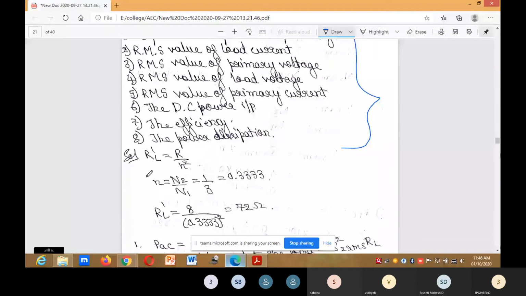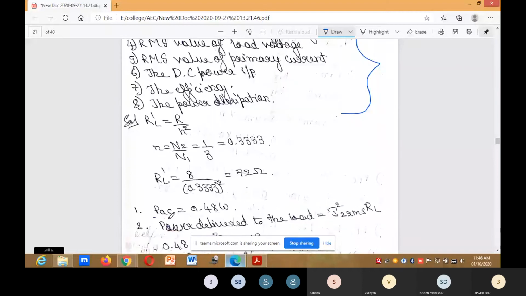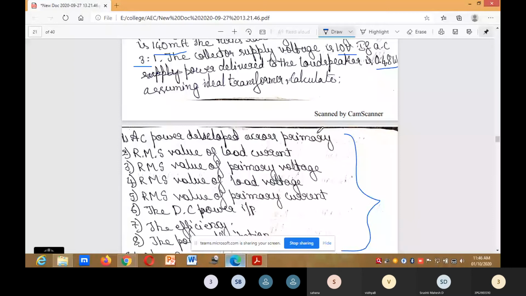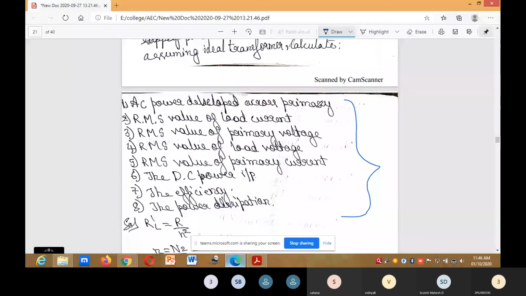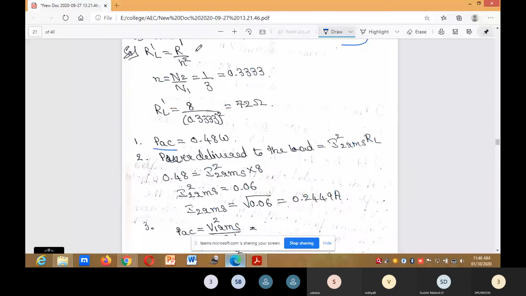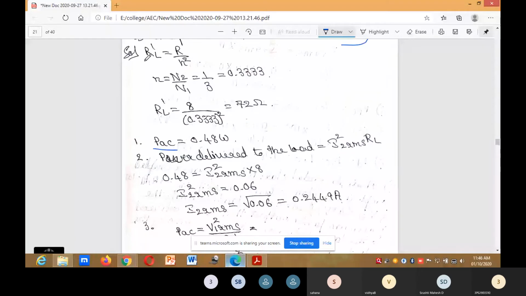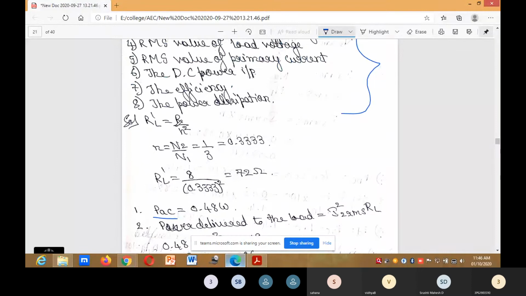First, PAC. They have given that PAC is 0.48, the AC power developed across the primary. Next, they have asked for the RMS value of the load current. First, RL dash is equal to R divided by N squared, where N is equal to N2 divided by N1.